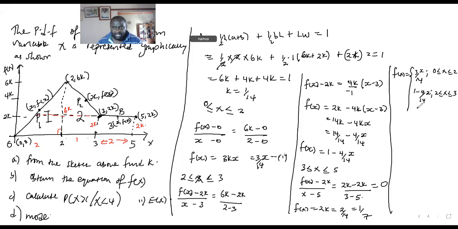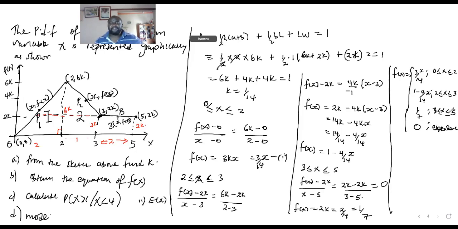The third one has been 1 out of 7. This is between 3 less or equal to x less or equal to 5. Then these ones were 0 elsewhere. That is how we have gone about this function.